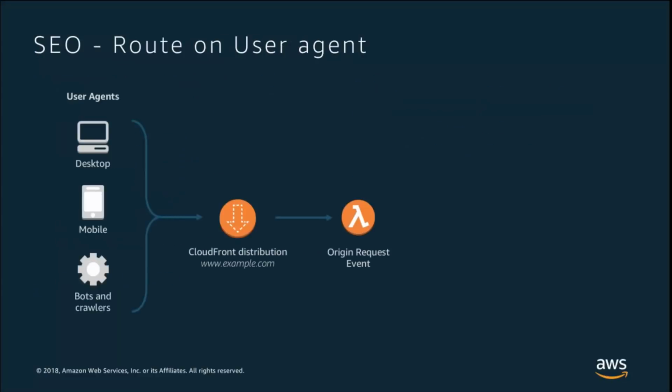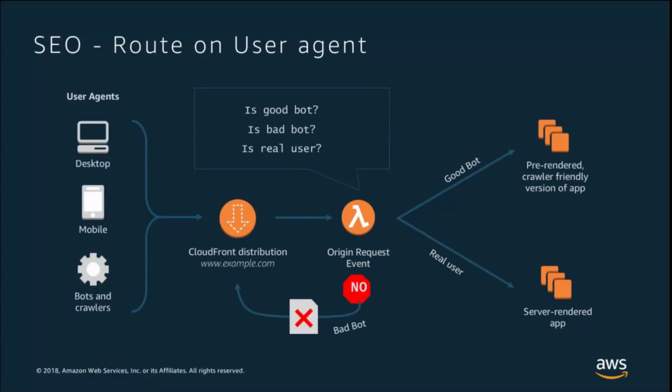Another example is search engine optimization. Let's say you have a web application and you want to serve a different version of your web application depending on the end user. If it's a regular real user, you would send the user to your backend web service.